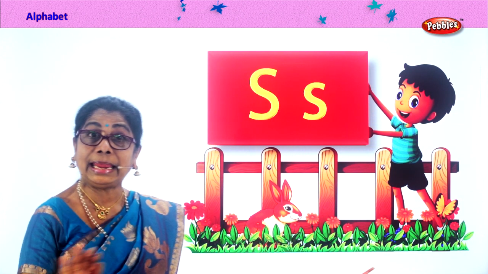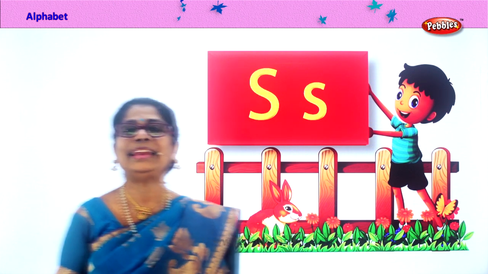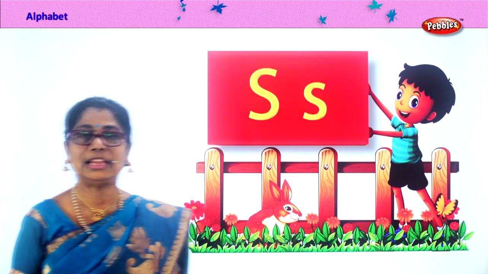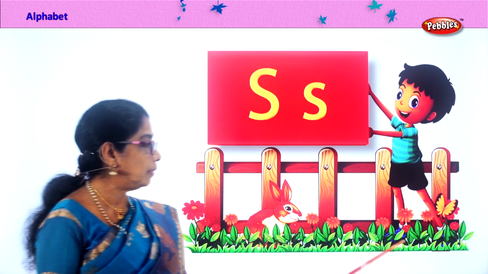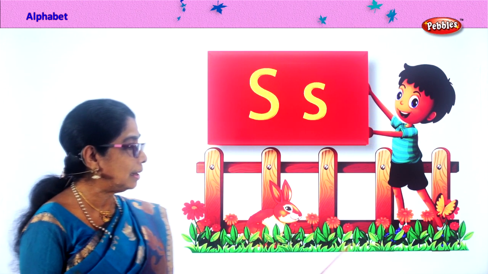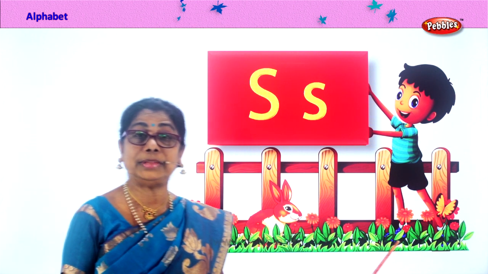S for snake. S for snail. S for, what about your shoe? Good. Now, what is the sound of letter S? If you think of a snake, what does the snake say? Where does the snake hide? In the grass. This is grass here. If there is a snake, he'll be hiding over there.